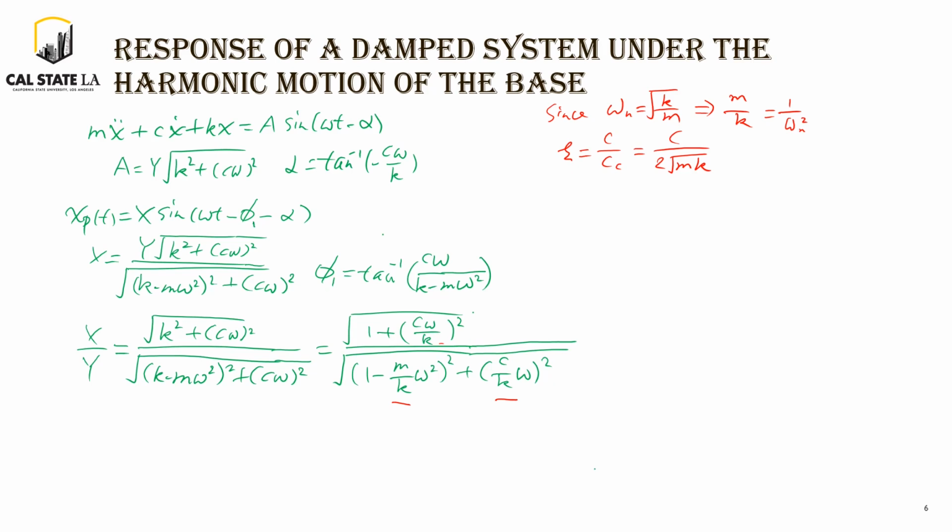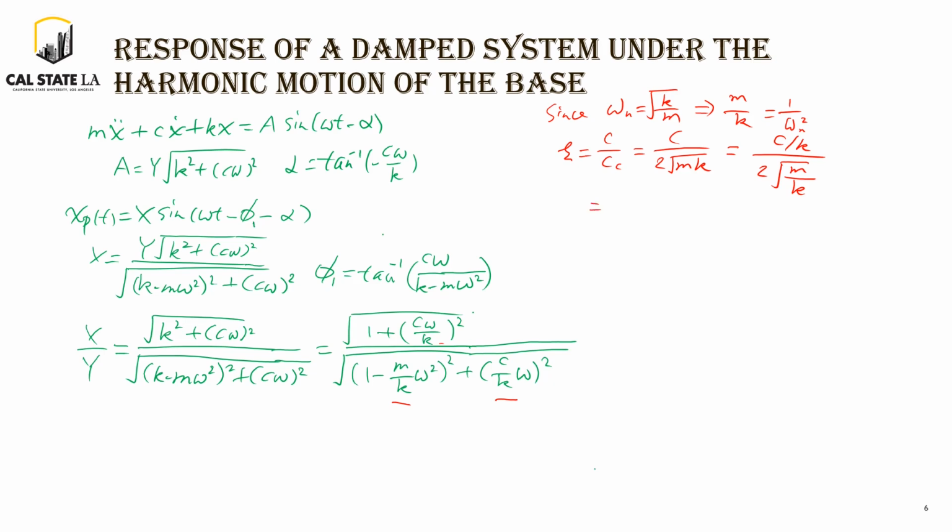We divide by k on both sides. The numerator becomes c over k, and the denominator becomes 2 square root of mk over k squared. So that is the square root of m over k, right? And the square root of m over k is 1 over omega n, right?